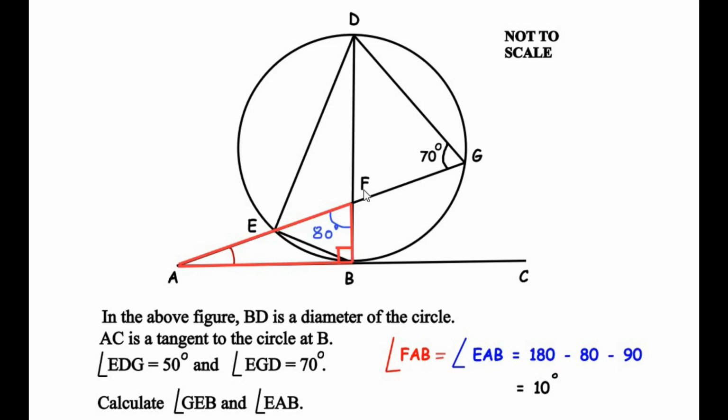So here we have written angle FAB or angle EAB is equal to 180 degree minus 80 degree minus 90 degree. So this is going to give us the value of angle FAB or angle EAB as 10 degrees. So this is its value.